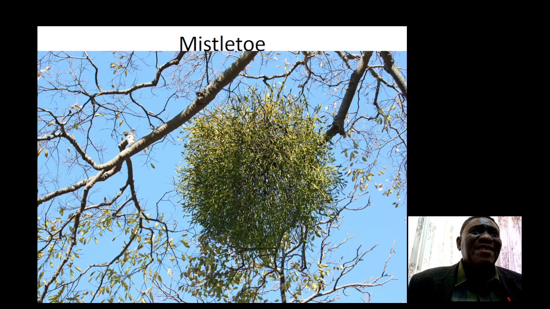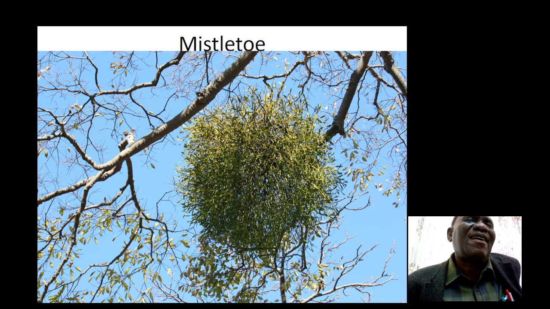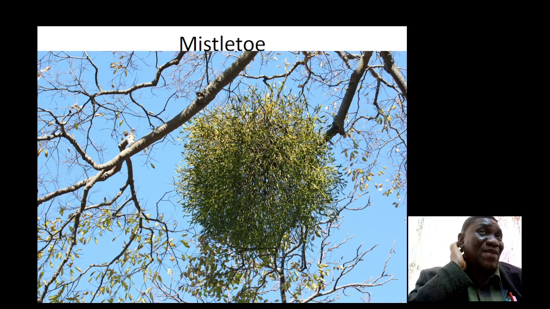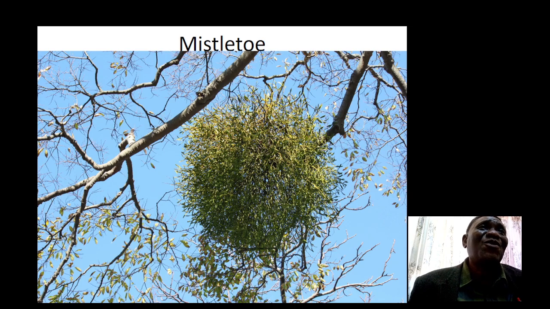This is out of interest. You can have shoot parasites which attack trees. You might have heard about the local name Gomarara. This is the mistletoe which affects trees. Again, the shoot parasite on trees. Here it's not yet a problem.